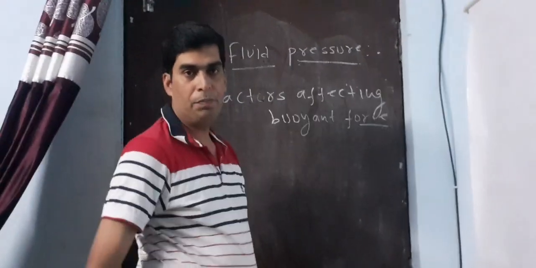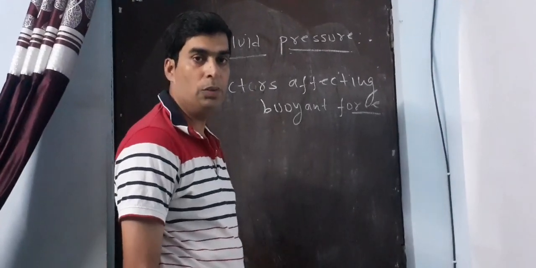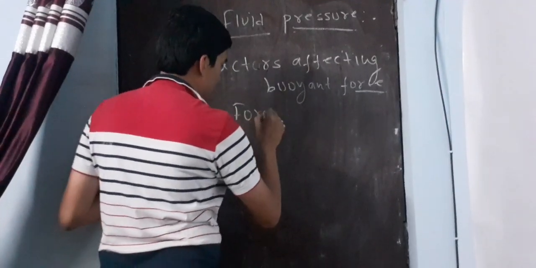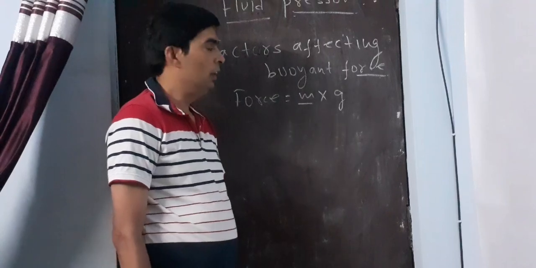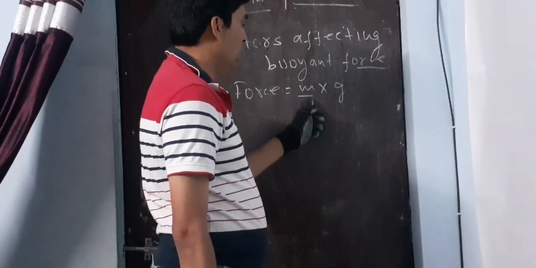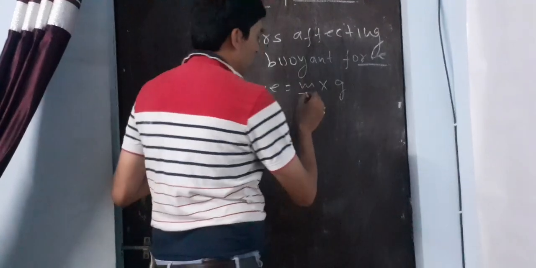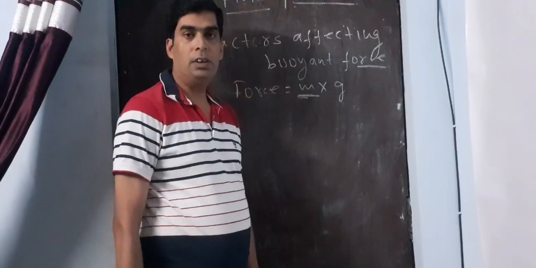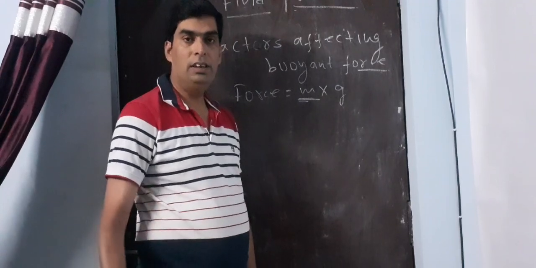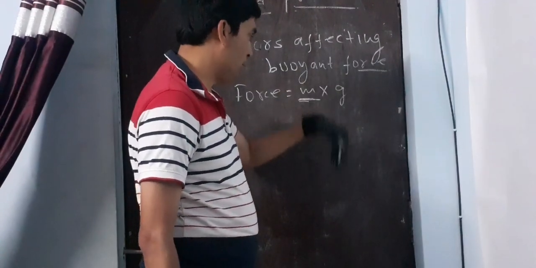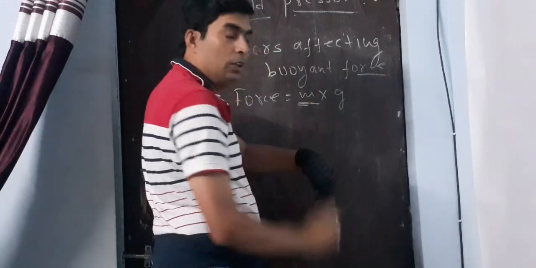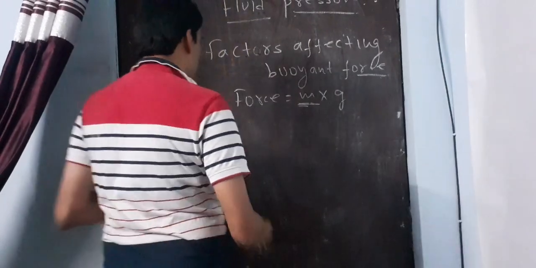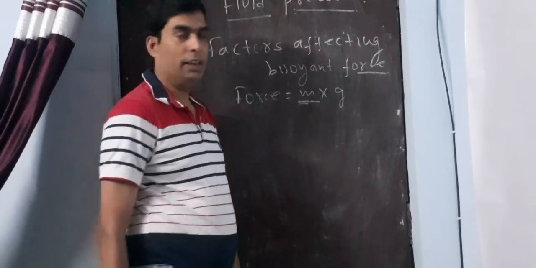With the expression of force F equal to mg that we have discussed in this chapter, force is m into g, where m is the mass of the body and g is the gravity of the earth, if you are talking about the earth. Now, the force is applied on the body by the liquid. As much mass as applies force in the downward direction, the liquid also tries to exert force in the upward direction. So we'll correlate this mass with the density of that liquid.